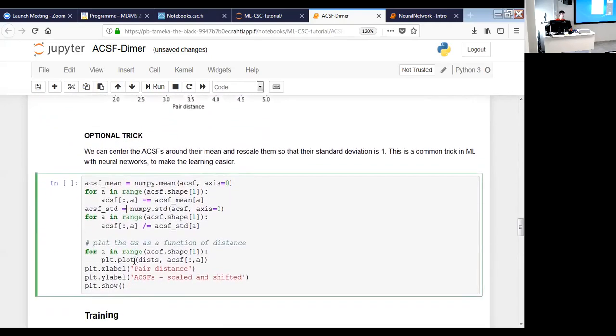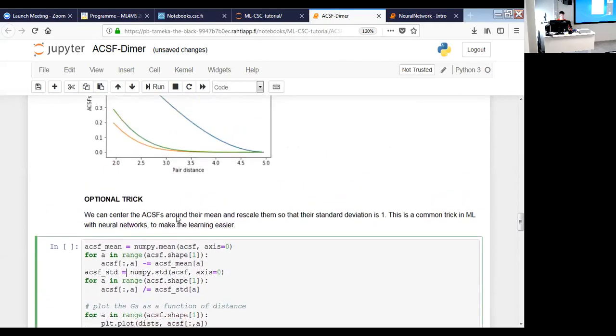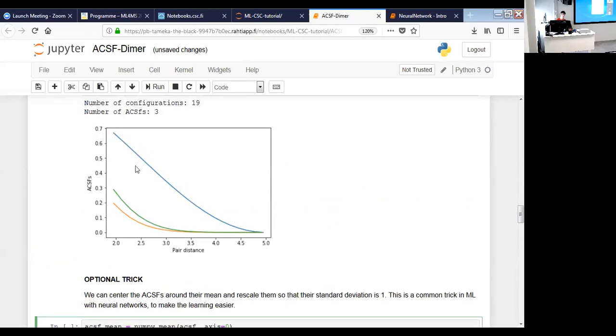Optional trick, we apply the Z-score. Again, we shift around the mean and we scale by the standard deviation, because you notice that there is one symmetry function that is a bit bigger than the others, more than double. Same as in unsupervised learning, in neural networks you might want to make it easier for the neural network to learn parameters.